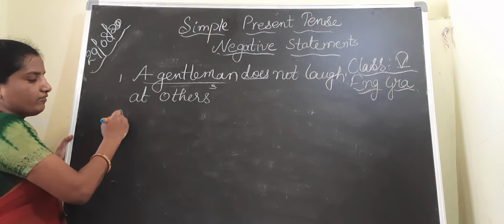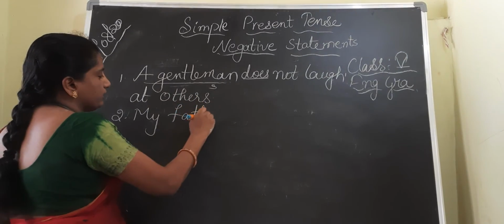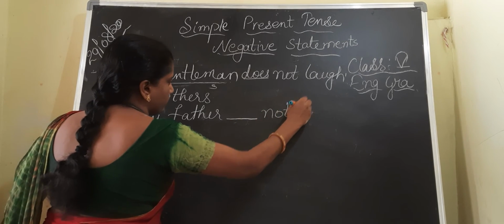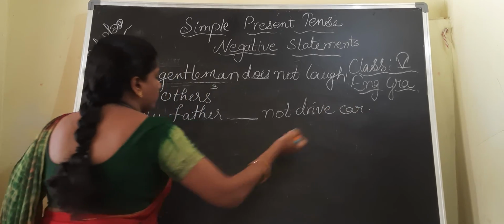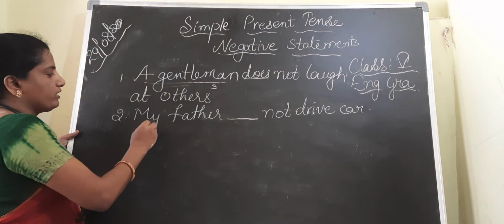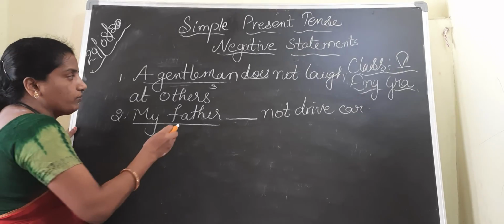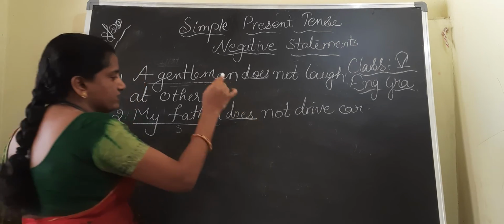Coming to the second one. My father dash not drive car. Now, if you see the subject, what is the subject given to you? Father. My father. Singular or plural? Singular subject. So here again you have to use does.